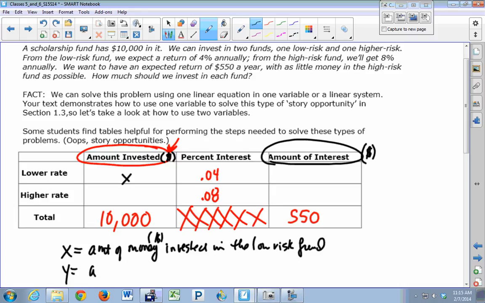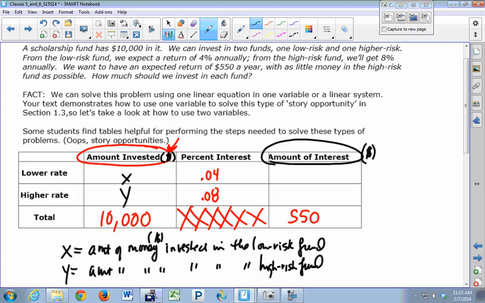Y is the amount, and this is where you can just use little dittos like this, invested in the high risk fund. So if I look at an equation that involves X and Y, I know what the heck X and Y is, okay?